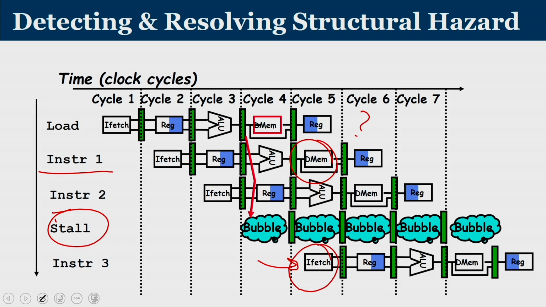This also will create a hazard if your instruction 1 is load or not. If instruction 1 is also a load operation, then its mem stage is used for bringing an instruction word in memory. And we know that every instruction other than load and store, the mem stage is not used at all. If it is a normal ALU operation, then the mem stage is not used.